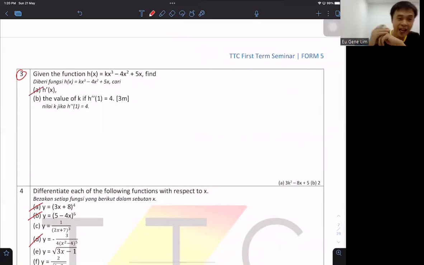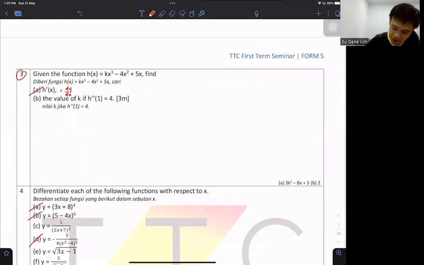Then asks you to find h prime. Okay, h prime actually means dy/dx. So meaning differentiate, understand?